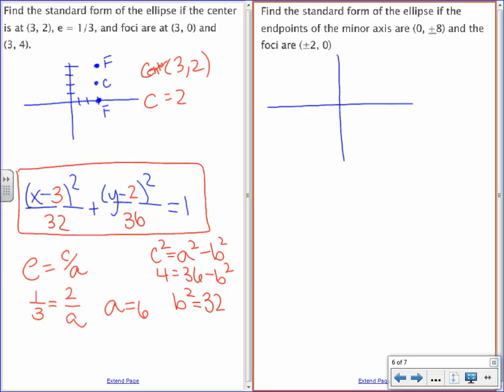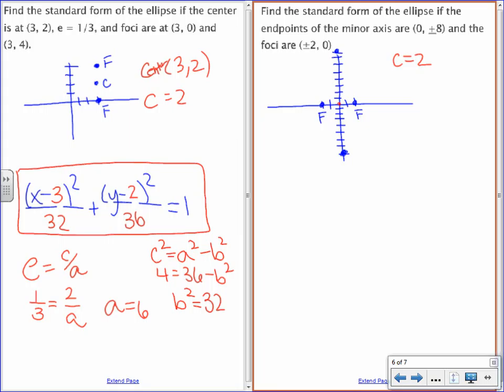So 0, 1, 2, 3, 4, 5, 6, 7, 8. Okay. Pod 5, tell us something that we know. c is 2. Pod 6, tell us something that we know.